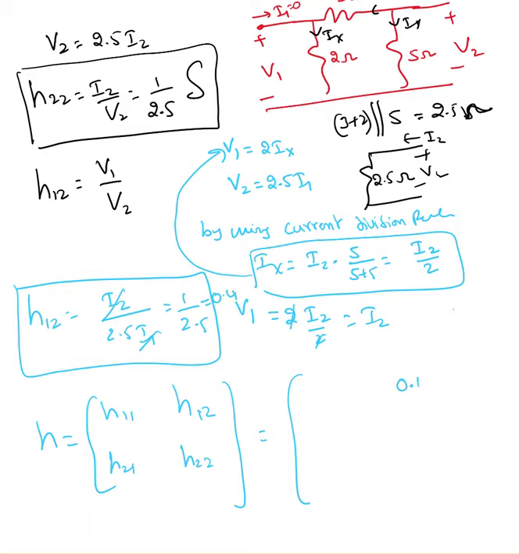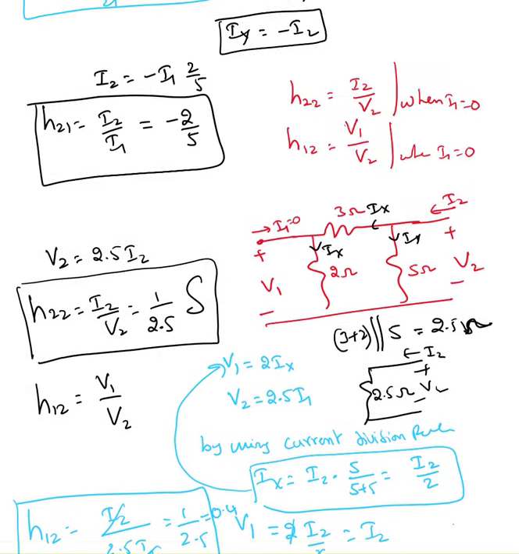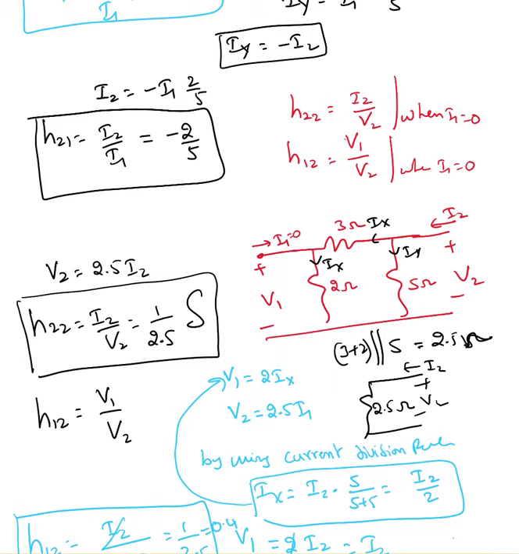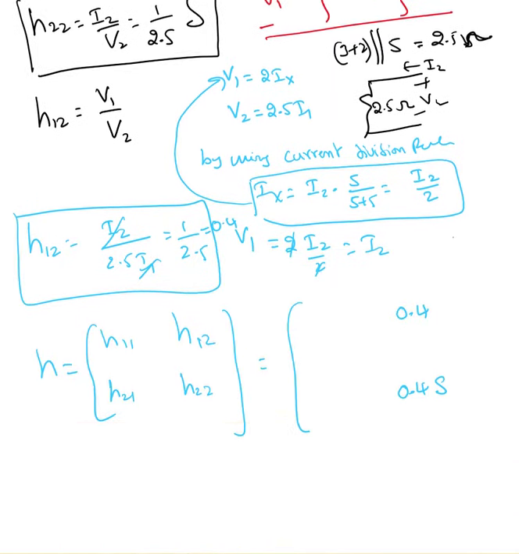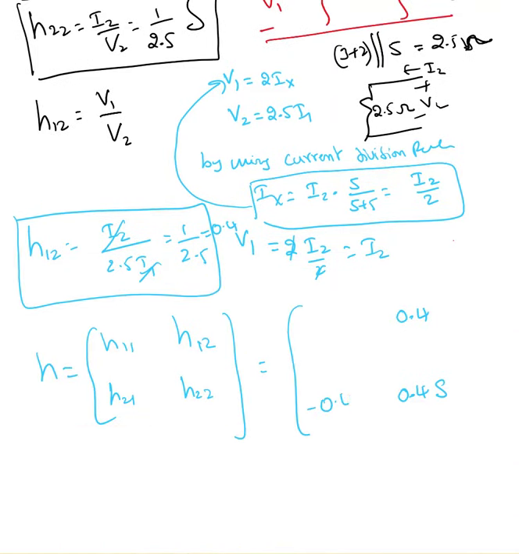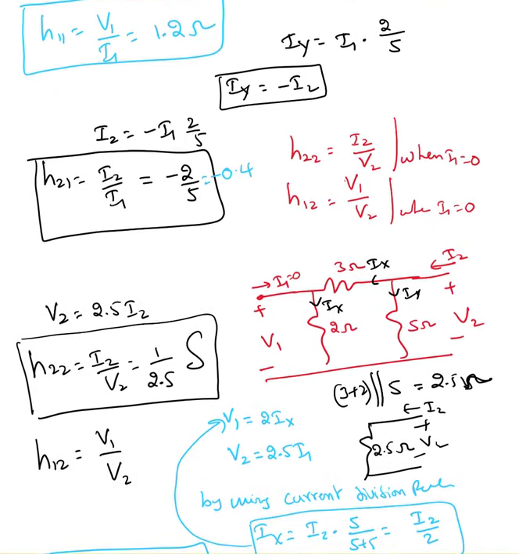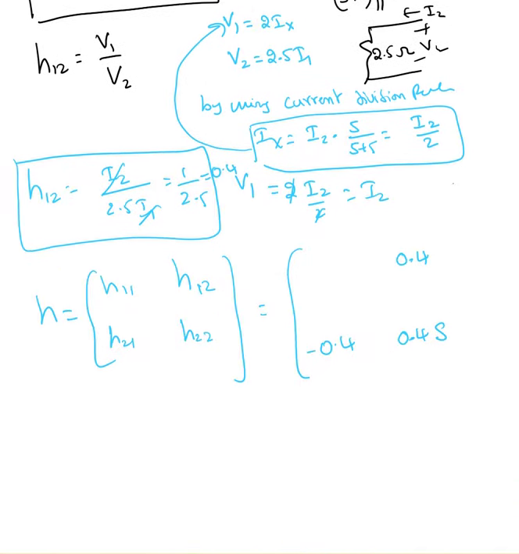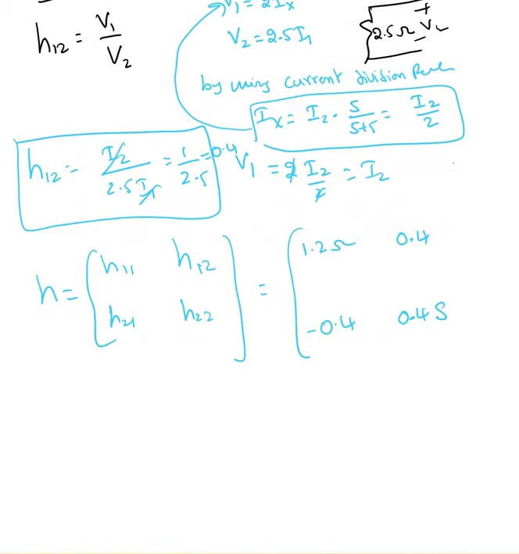There are no units, that's 0.4. h22 is 1 over 2.5, that's 0.4, but this one has a unit, Siemens. And h21, minus 2 over 5, is minus 1 over 2.5, which is also negative 0.4, with no unit. And h11 I have 1.2 ohm. Those are the h parameters.